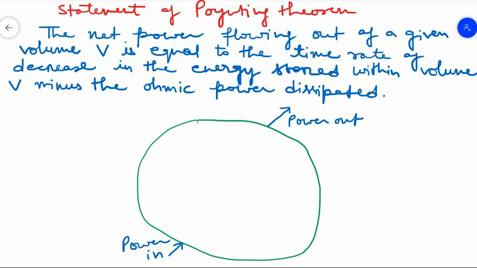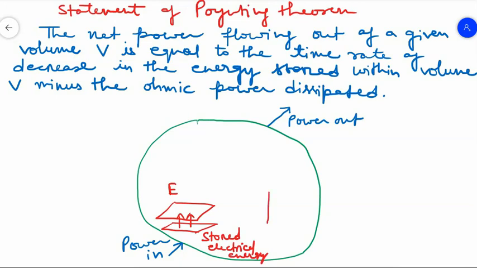Some part of your power is stored as electrical energy, E. Okay, so this is your stored electrical energy.